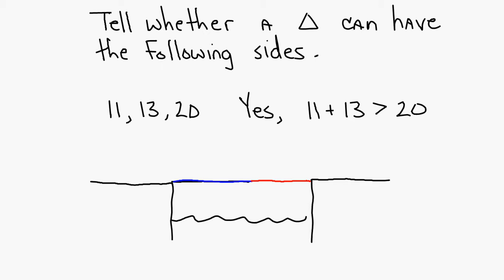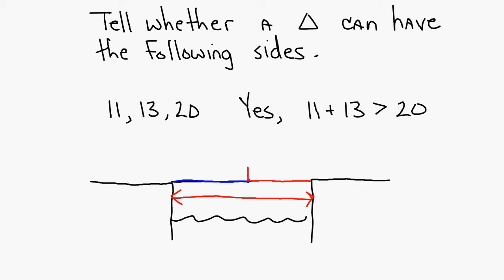If these two pieces added up to exactly this distance, they'd touch. But as soon as that drawbridge started to open, the pieces would come apart right here, which means they're not long enough to form a triangle.